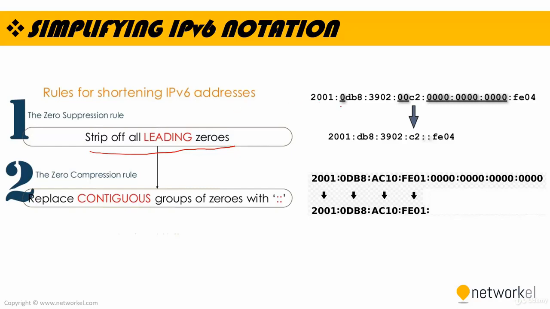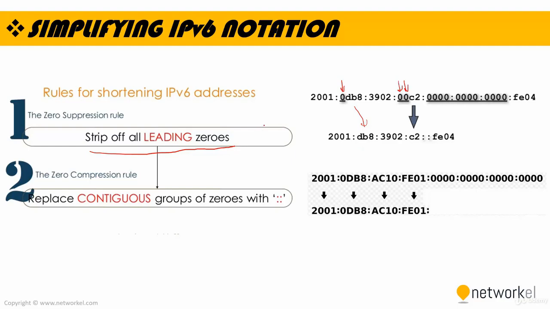For example, in here, as you can see, I have a leading zero. In here, I have leading zeros. So I'm stripping them off, and I can write just db8 instead of 0db8. This is the first rule that I can use.